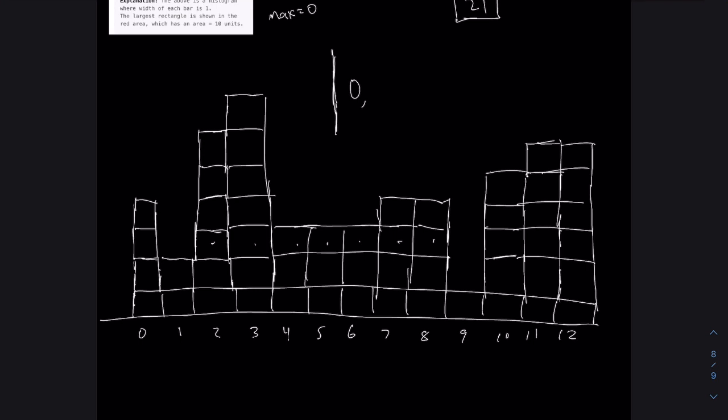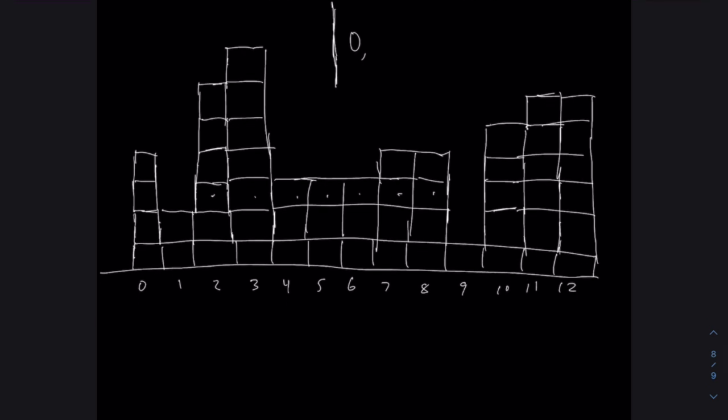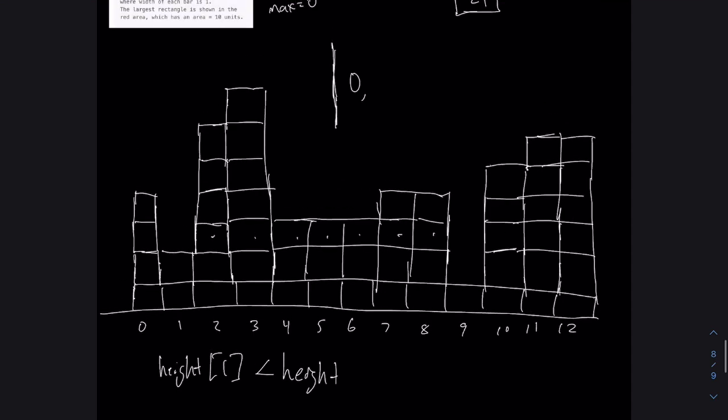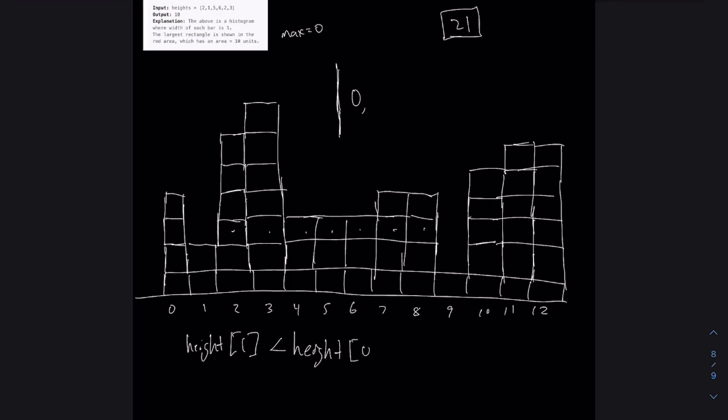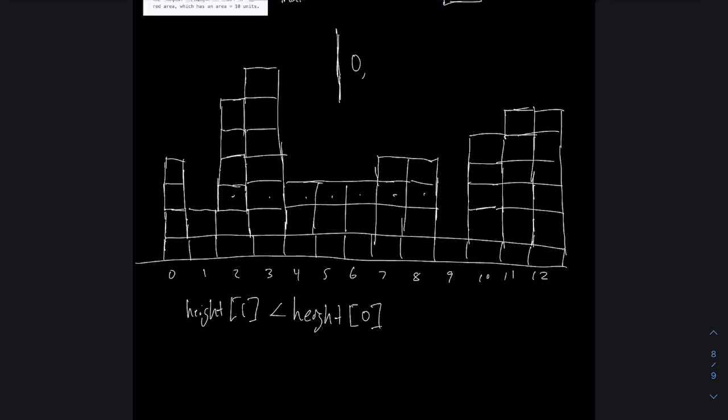The reason we do that is because once we see that the height at index 1 is less than the height at index 0, we know that for any of the other possible rectangles from here on out, if we wanted to include this, anything past this one index, the height is bounded by the height of 2.